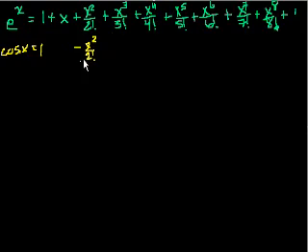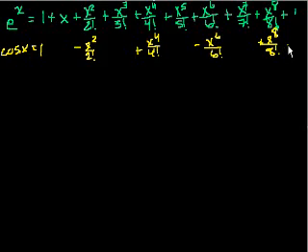We learned that 2 videos ago. Plus x to the fourth over 4 factorial minus x to the sixth over 6 factorial. I think you might already know where I'm going with this. Plus x to the eighth over 8 factorial. And it just kept going. The next term would be a minus. And it goes to infinity, right? You know the pattern.